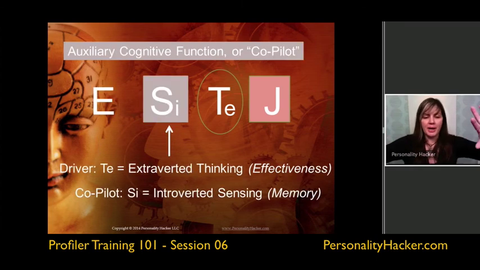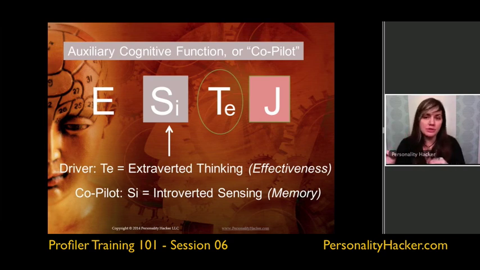Now, when we say co-pilots, we also call the dominant process, in the Genius style, the driver. We think that the car model is a really powerful tool for figuring out how these cognitive functions work inside of you. So the extroverted thinking process is going to be the driver. It's technically called the dominant, or primary, but we call it the driver.